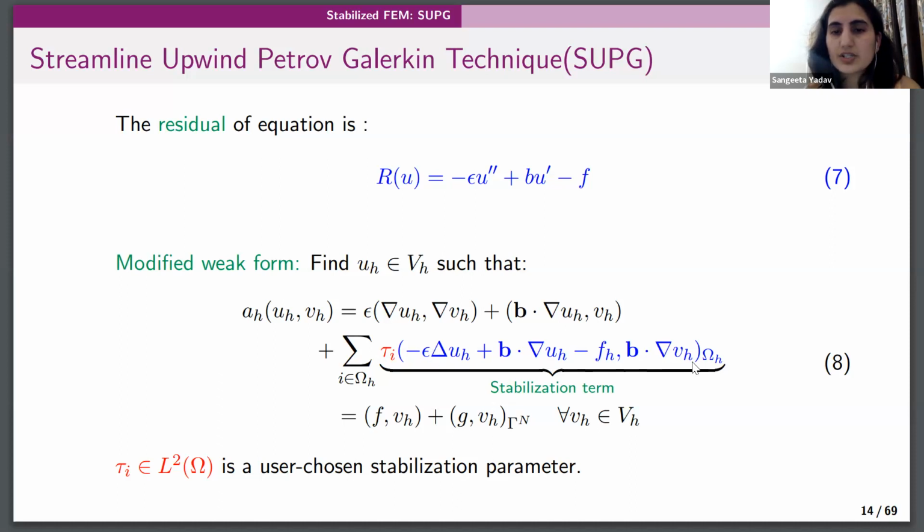This whole stabilization term is multiplied by a stabilization parameter, tau. Tau is of great importance in the streamline upwind Petrov-Galerkin scheme. Why? Because a small value of tau can still show some oscillations in the solution, whereas a bigger value of tau will give an overly smeared solution. So we have to come up with an optimal value of tau such that it has neither oscillation nor extra smearing in the solution.